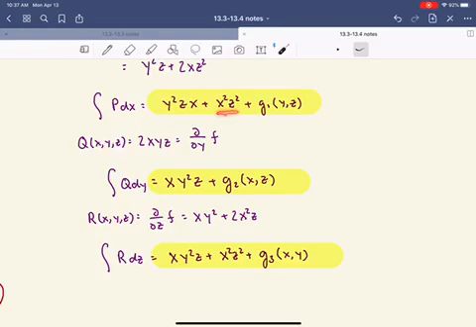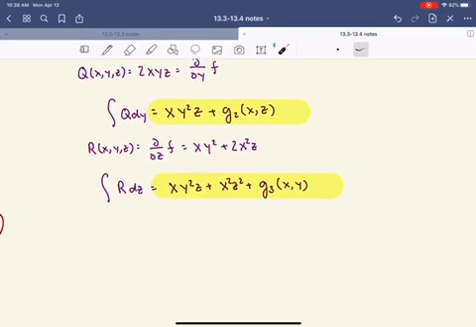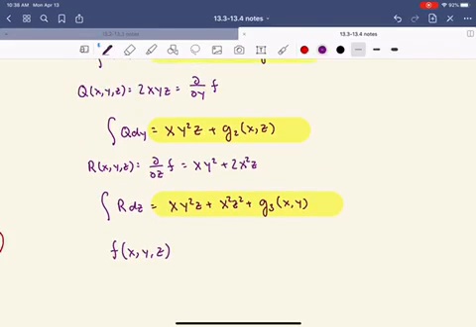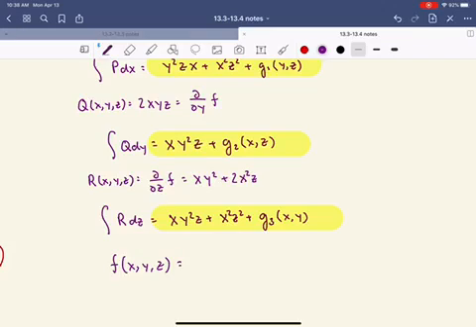These two have the x squared z squared, and then everything else is put into a function. So our f, our scalar function, is x y squared z plus x squared z squared.